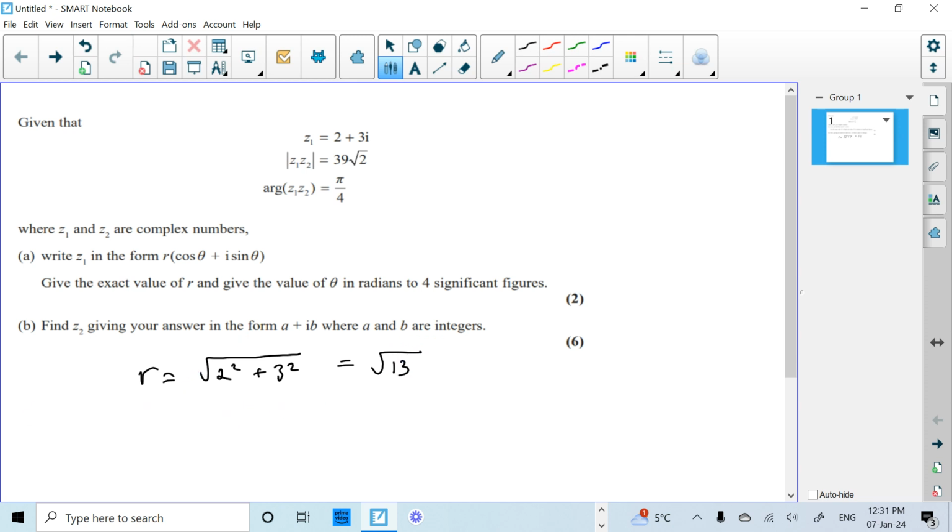Then we've got to find the argument. Find the argument, and that's theta.